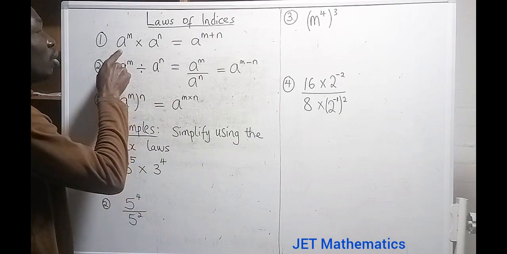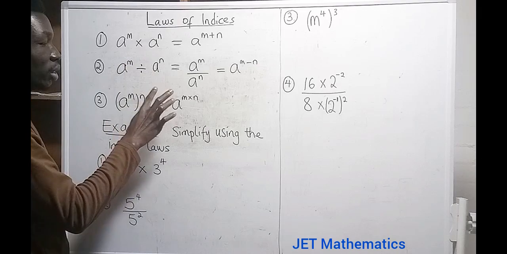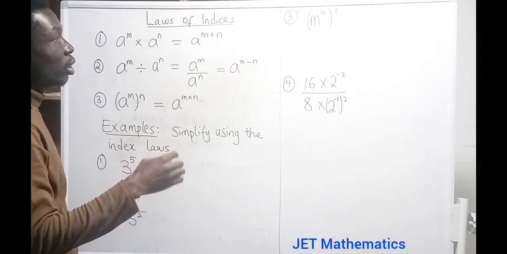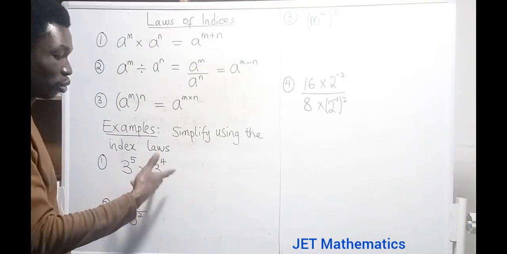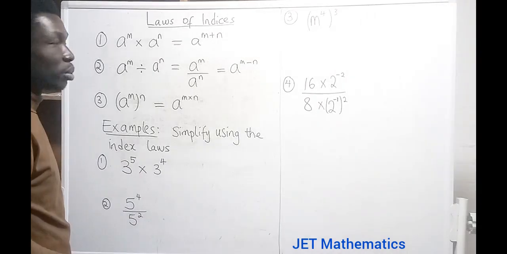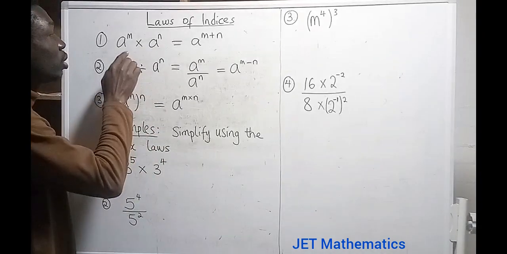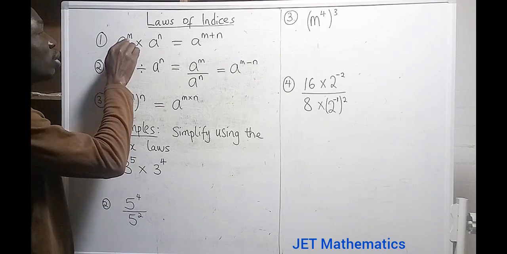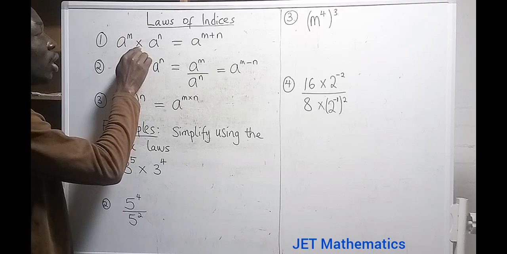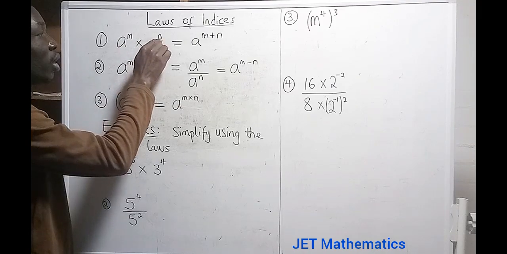So the first law we are going to look at, we are looking at 3 in this video. In our next video we'll look at other laws and how to use them to solve problems as well. Now in this first law, it says a raised to the power of m times a raised to the power of n.